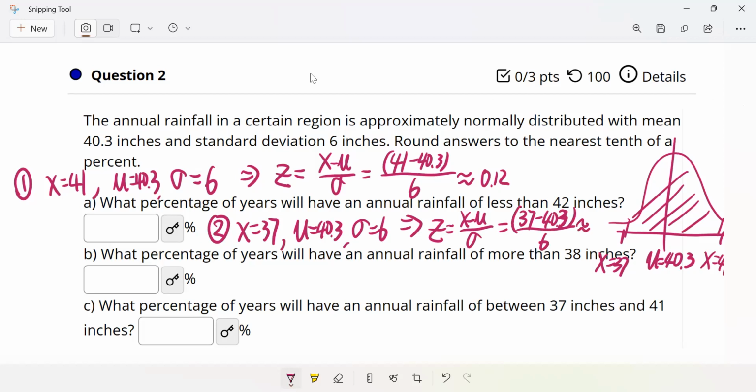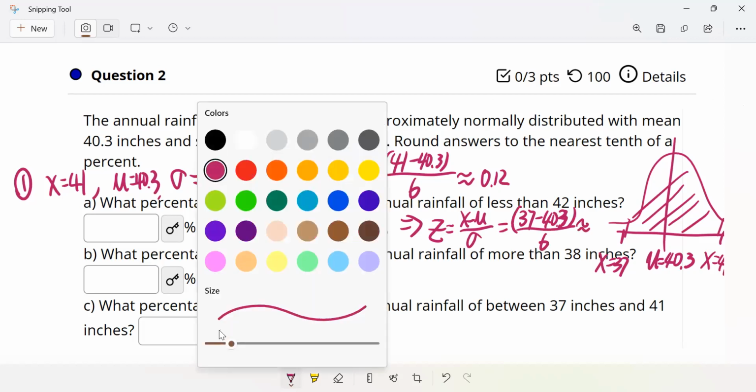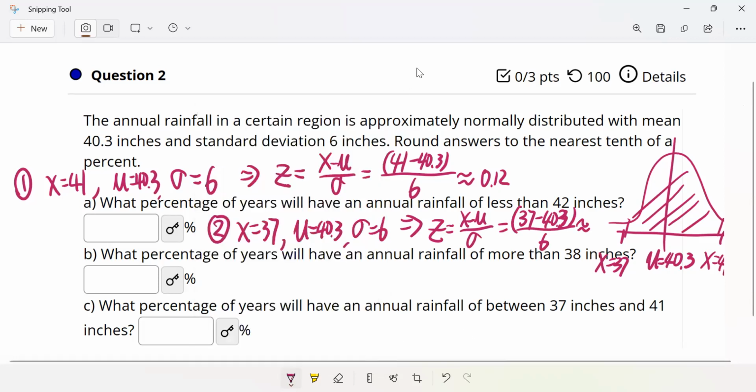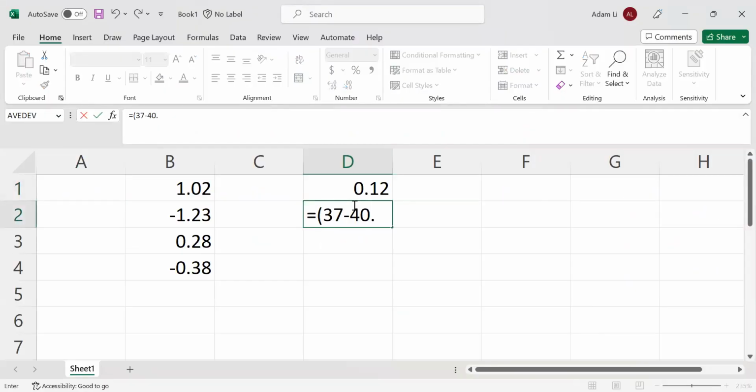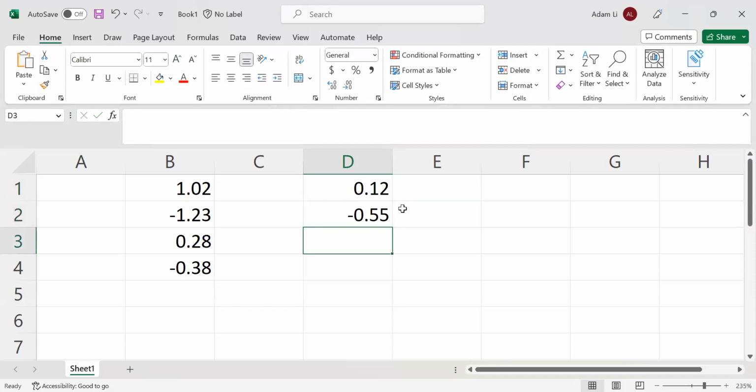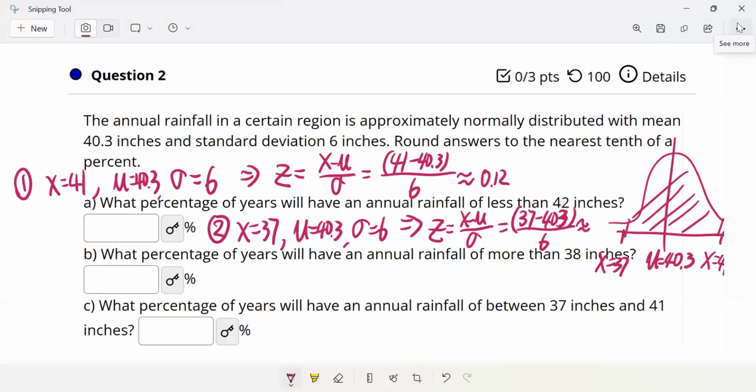Let's see what that is. 37 minus 40.3 by 6. So it's negative 0.55. So the smaller z-score is negative 0.55.